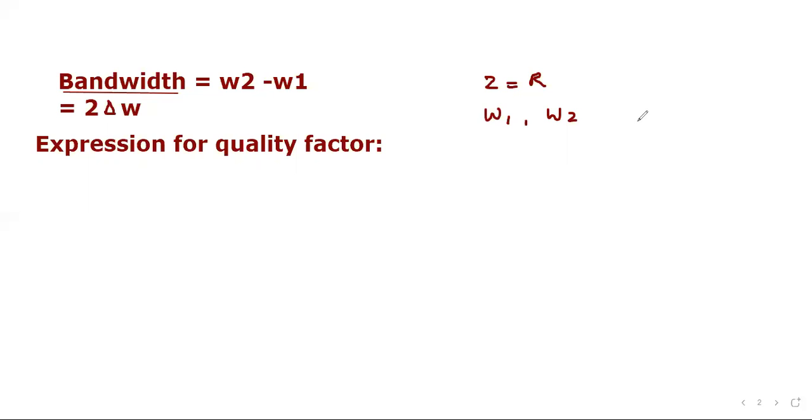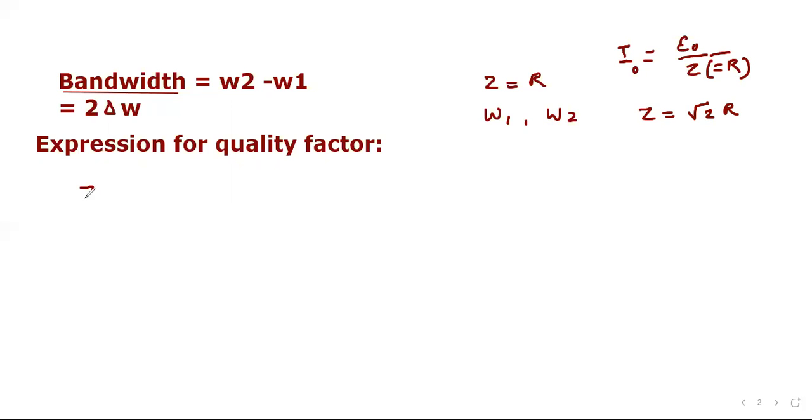So the corresponding value of Z must be root 2 R, because I will be E0 upon Z. When Z equal to R, then I0 will have maximum value. And when I0 reduces to I0 by root 2, it means Z has changed to root 2 R. So let's try to derive the expression for quality factor.